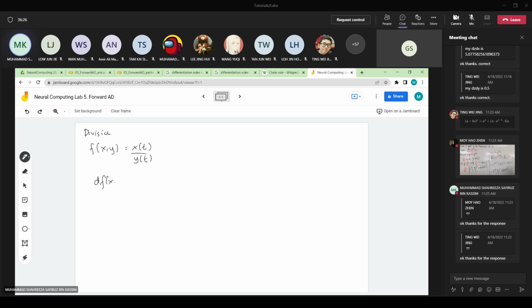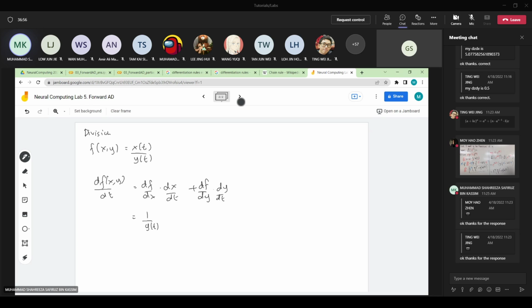So here, what is the partial derivative of f with respect to x? This is 1 over y of t. Why?